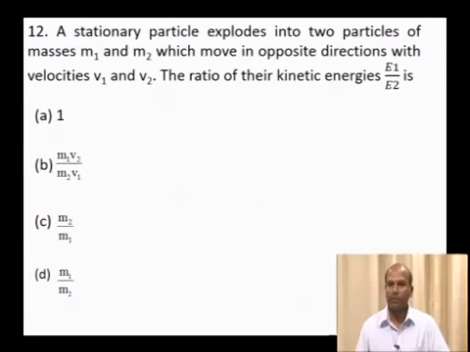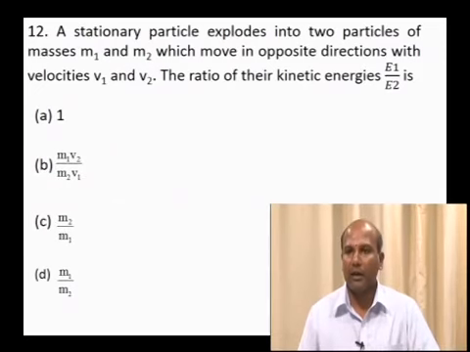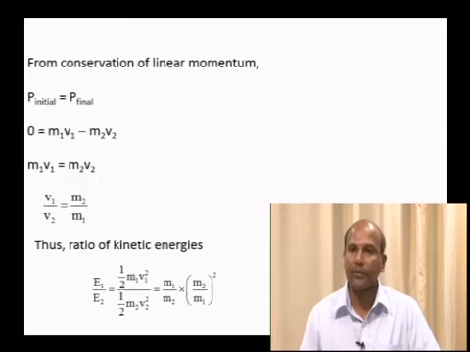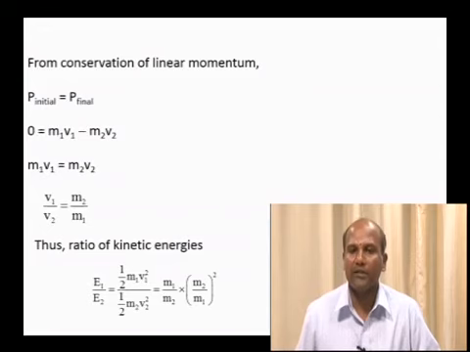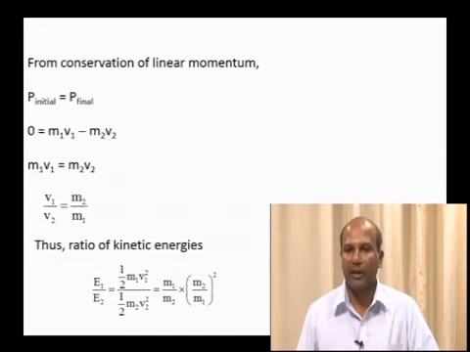So, coming to the next problem. A stationary particle explodes into two particles of masses m1 and m2 which move in opposite directions with velocities v1 and v2. The ratio of their kinetic energies E1 to E2 is what? So, you need to calculate the ratio of the kinetic energies. From the law of conservation of momentum, initial momentum is equal to final momentum.